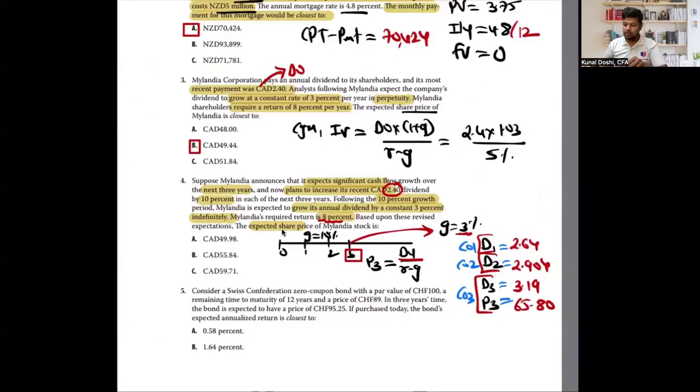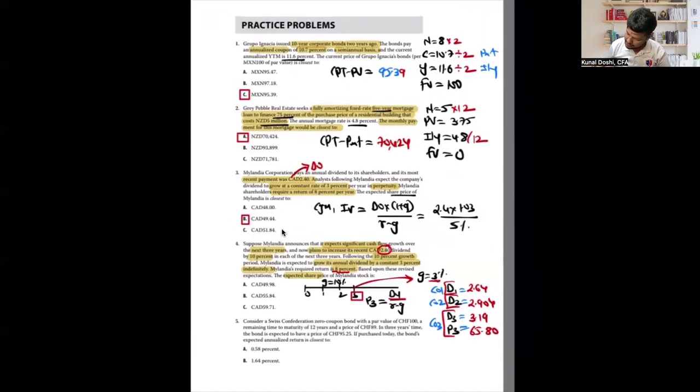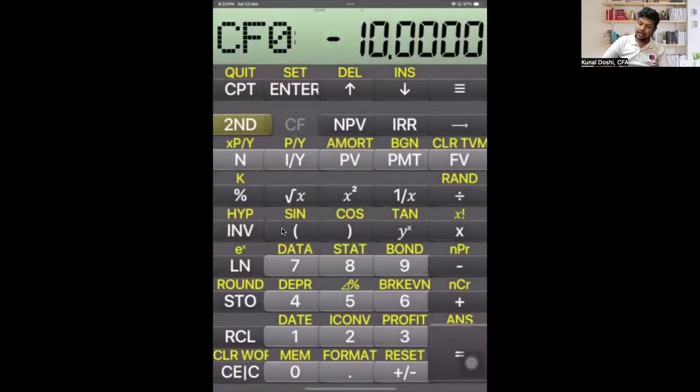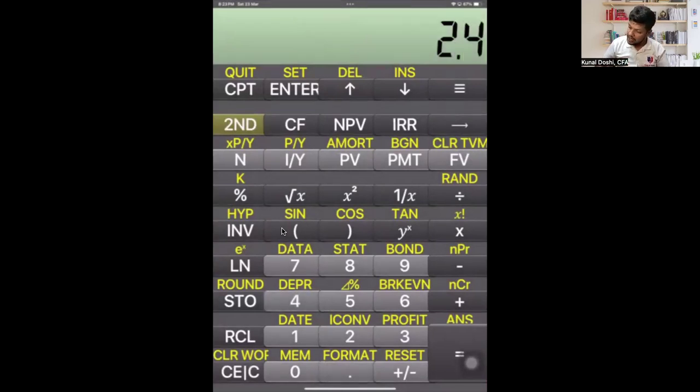Do you want me to solve it on the calculator? Okay, see first, I will solve each one by one. So you had 2.4 into 1.1 equal to, store 1. That's my D1.